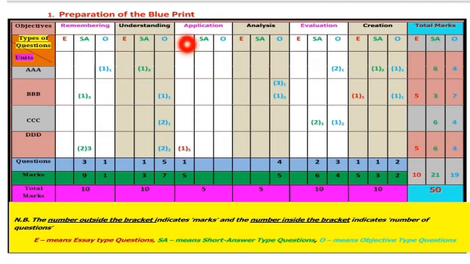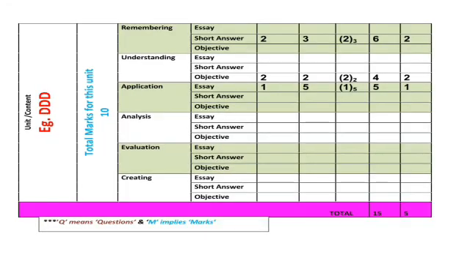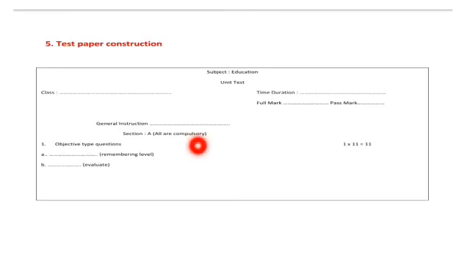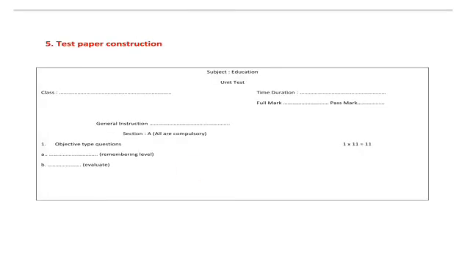So while framing the questions, within the bracket you can place the levels. Okay, then having done this, you prepare the score key for each question, what the responses will be.